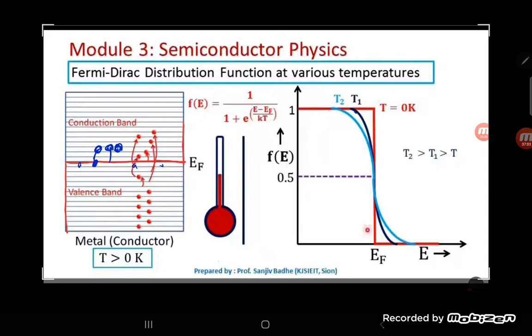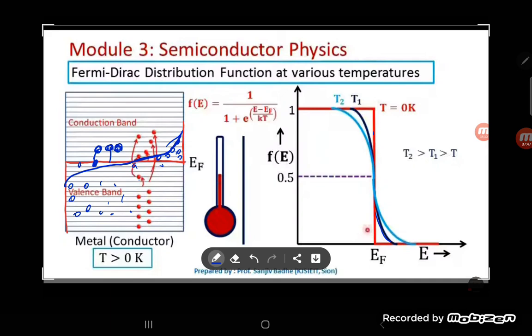And this blue one means the probability of the electrons is expressed like this, right? So the electron can reach this level, and the probability for the electrons inside the Fermi energy level is lower than this one, in the same energy level.